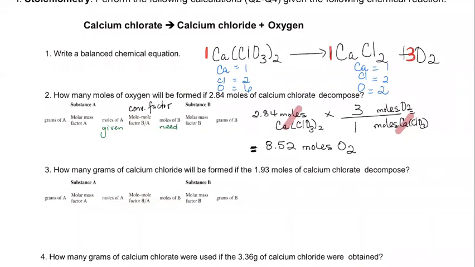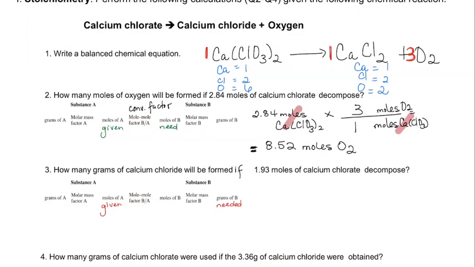So we're trying to see how much product we're going to form if we start with 1.93 moles of calcium chlorate. So we have to write what is given and what is needed. What is given is moles of one substance. What is needed is grams of another.